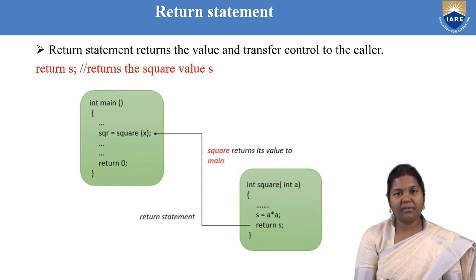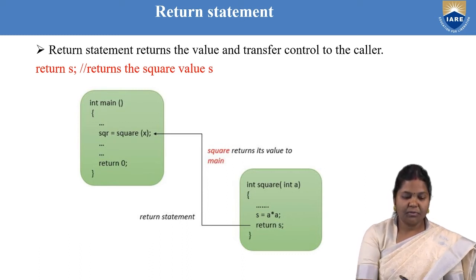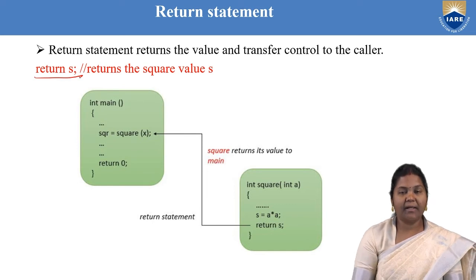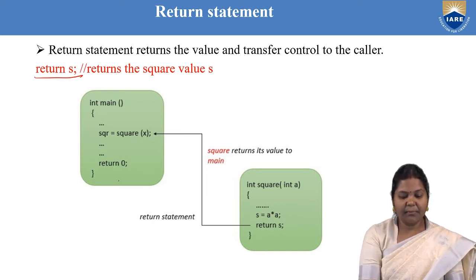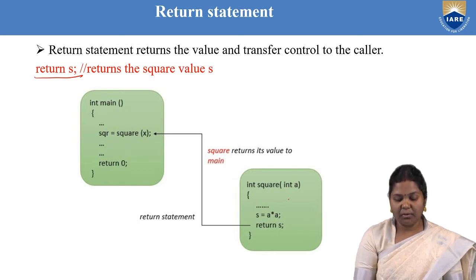While writing the function, the return statement returns the value and transfers the control to the caller. So you can write down return followed by the value. You can see over here in this example, main is the calling function and square function is called. The last statement of the square function is return s, that means return the square of the number.